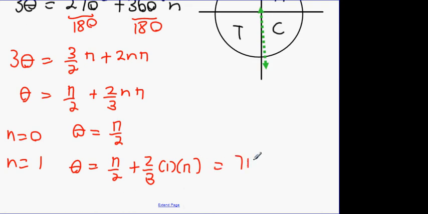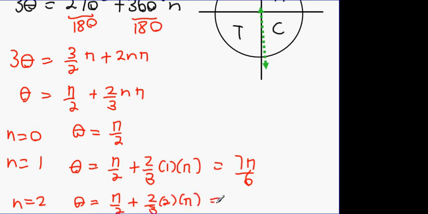Go again. Do n equals 2. Theta equals pi over 2 plus 2 over 3 times 2 times pi. Once again, you can actually enter all that into the calculator if you really, really want.